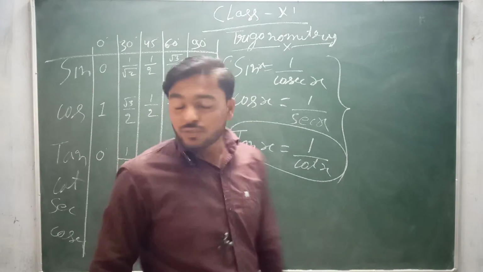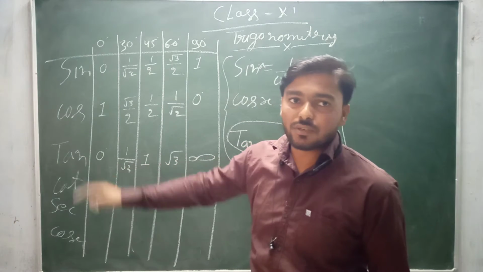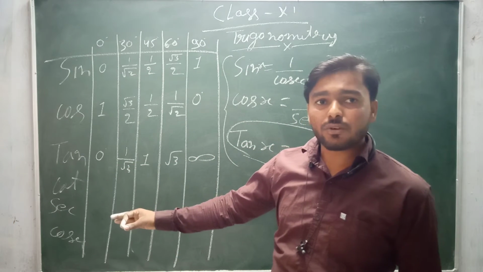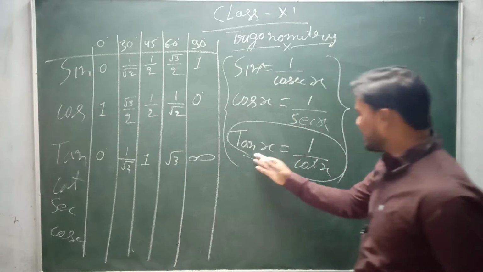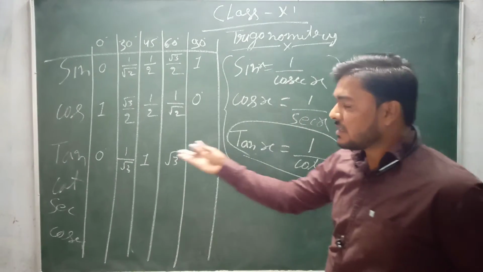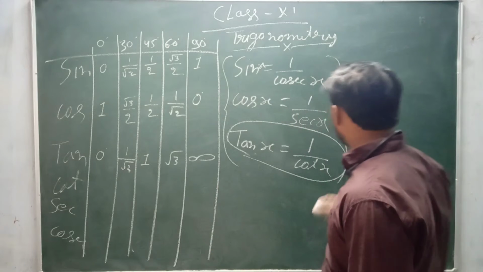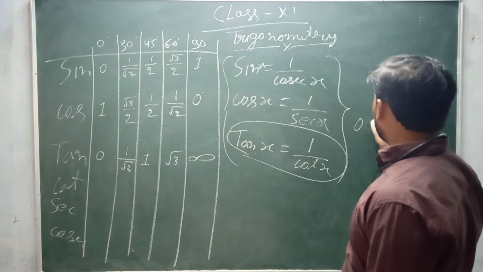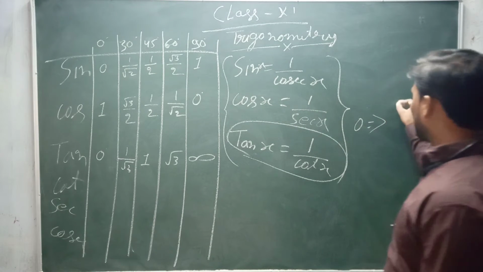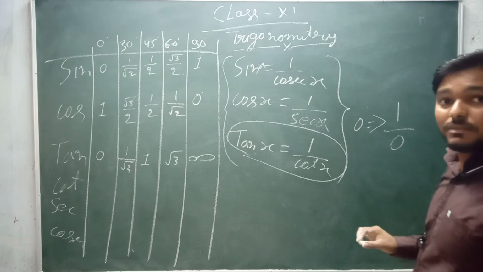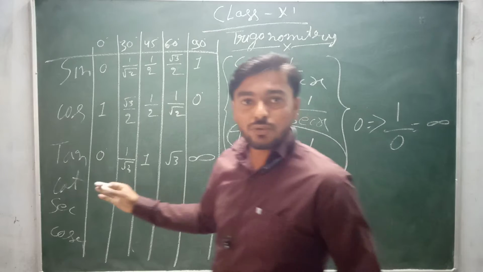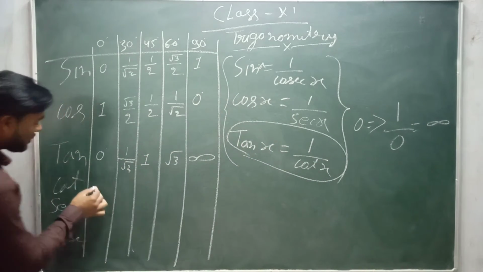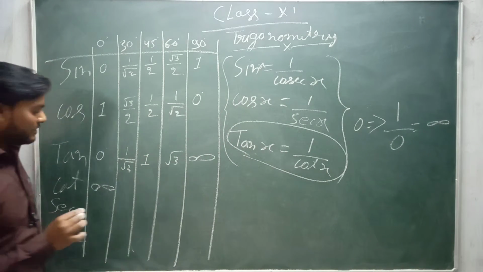Tan 0 value is 0. Then what will be the cot value? Cot 0 is 1 upon 0, as both are reciprocal of each other. What is the reciprocal of 0? It is 1 upon 0, which will be infinite. So cot 0 value will be infinite.